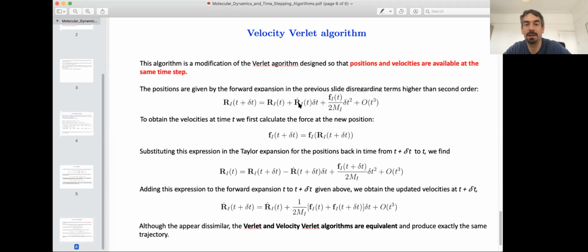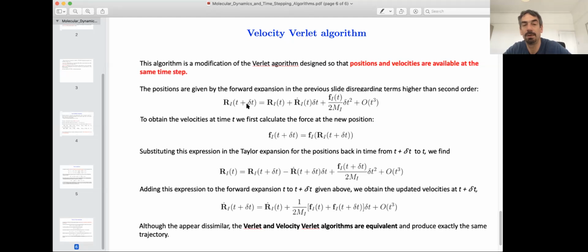Now you do this DFT calculation to get the ground state energy and the force on each nucleus, and then you use this in that equation. Since you have this as an initial condition and this you get from DFT calculations, you can then calculate, using the expression on the right-hand side, the position of your nuclei after the next time increment delta t.